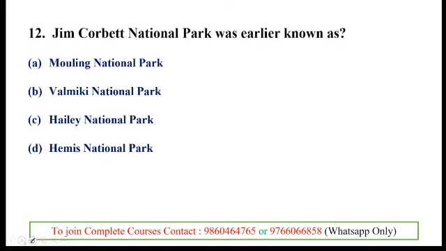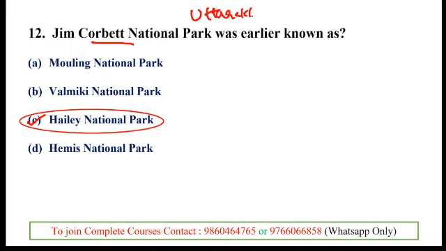Then the next question: Jim Corbett National Park was earlier known as what? Among the options given, the right one is Hailey National Park. Jim Corbett National Park is a forested wildlife sanctuary and also the oldest national park in India, situated in Uttarakhand.